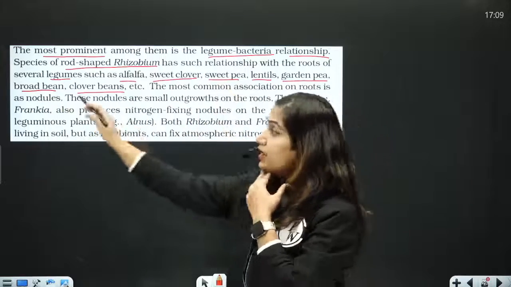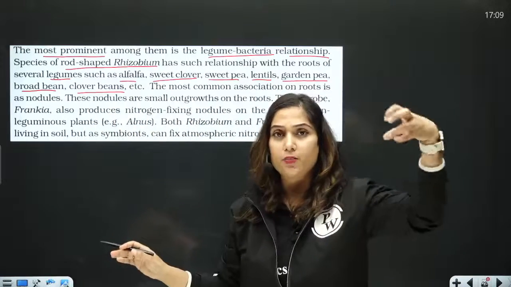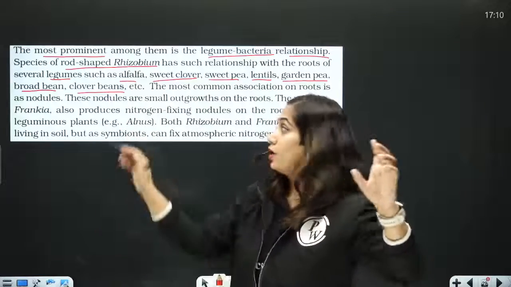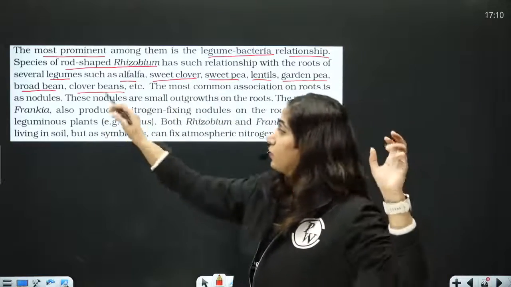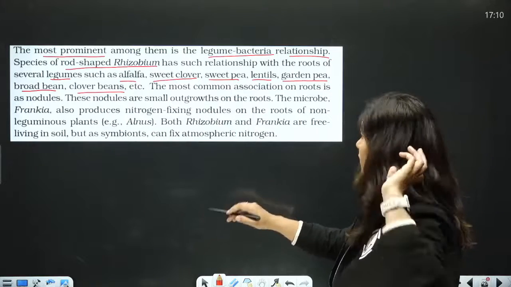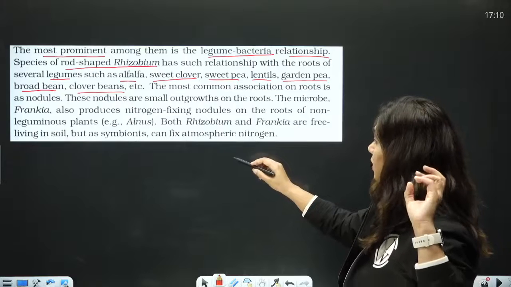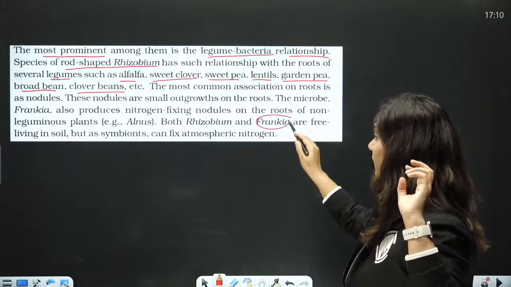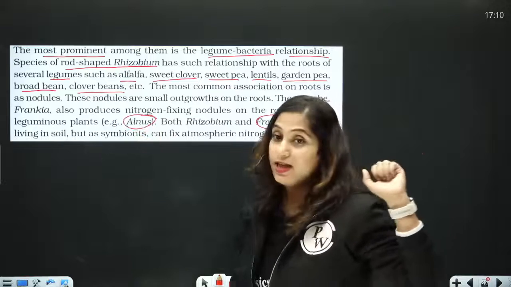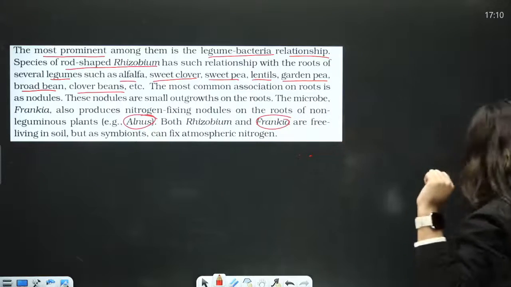These all are the leguminous plants. Any plant can come and they can ask which bacteria is found associated with this plant. So these are all the examples of leguminous plants. Right. Then comes the example of Frankia here. Wow. Frankia. Frankia is found associated with a non-leguminous plant like Alnus. Okay. Let's move further.